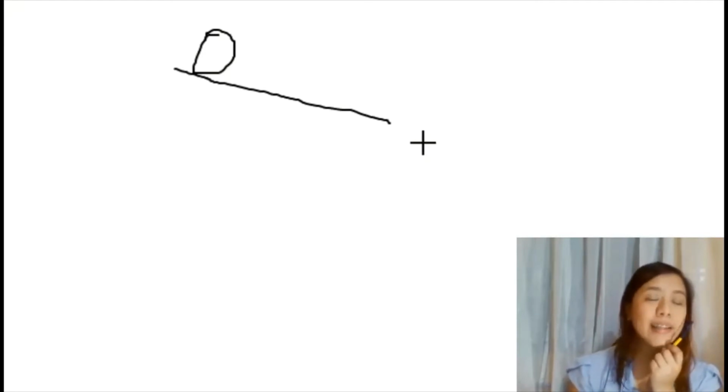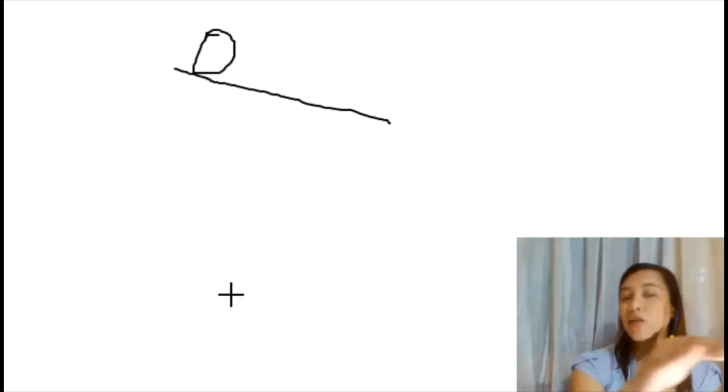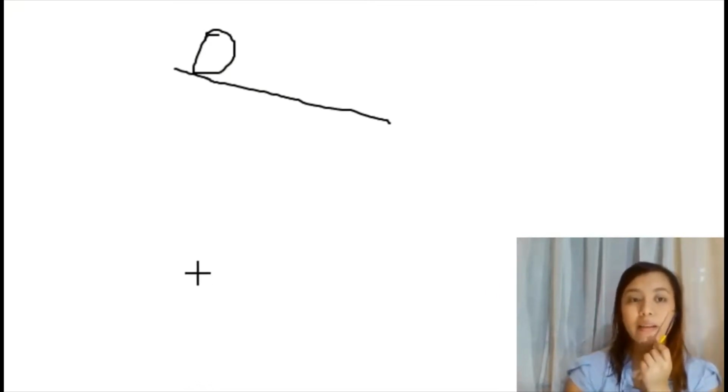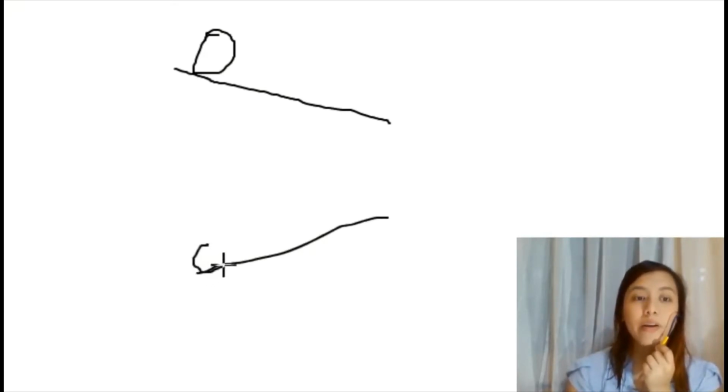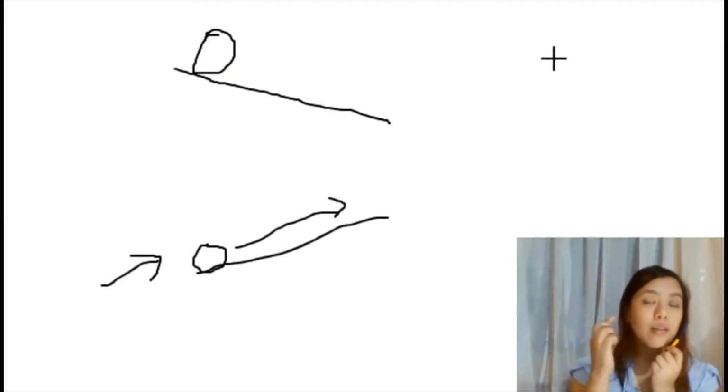Do you get it? Okay, so let's go with your active. While your passive is actually downhill, your active is the one going uphill. So if you have a ball right here, you must exert a lot of energy in order for this ball to go uphill. That's the thing that you should really remember.